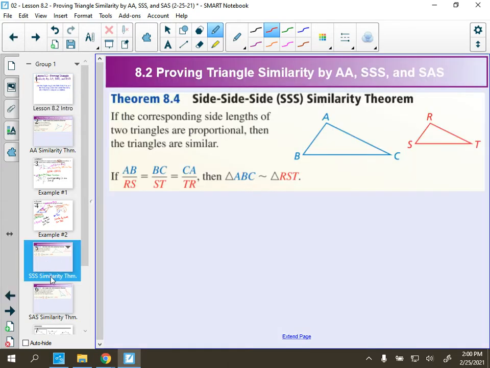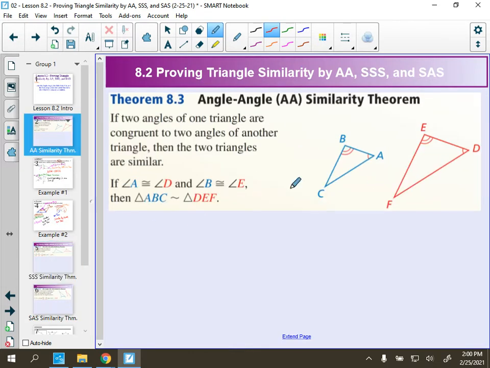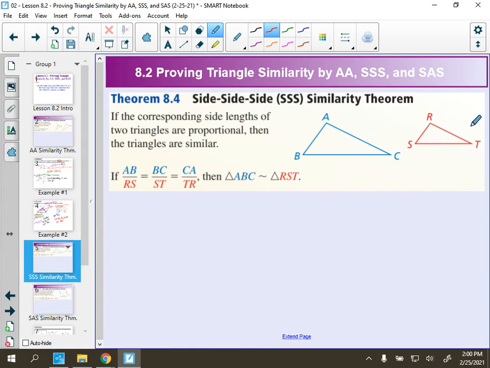Let's crank out these other two because they go hand in hand. The side similarity theorem says I've got two triangles, and if their corresponding side lengths are proportional, we're meeting our criteria for what it means for polygons to be similar: their angles have to be congruent and their side lengths have to be proportional.